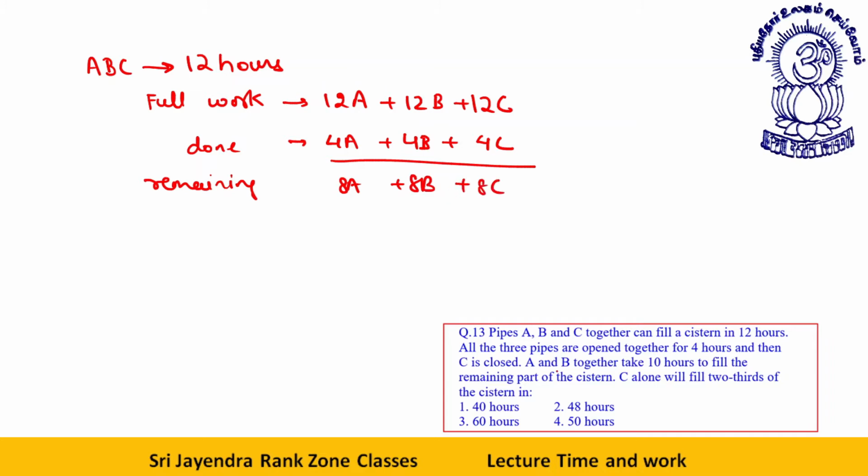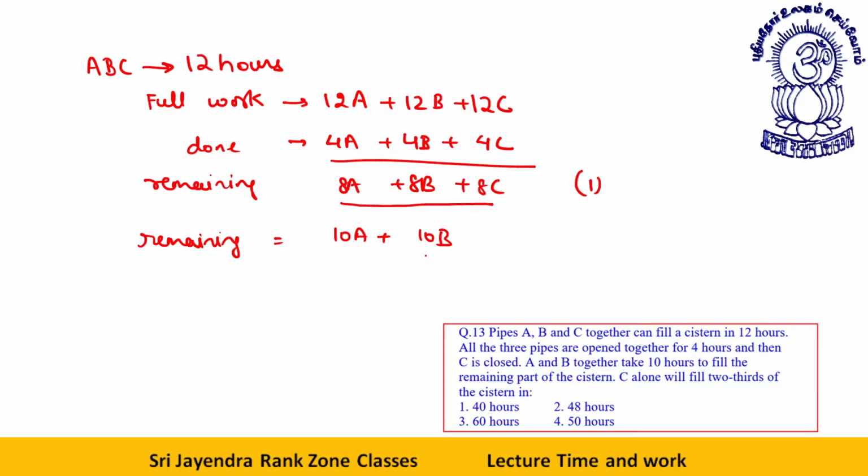A and B take 10 hours to fill the remaining part of the cistern. So this remaining can also be said as 10A plus 10B.